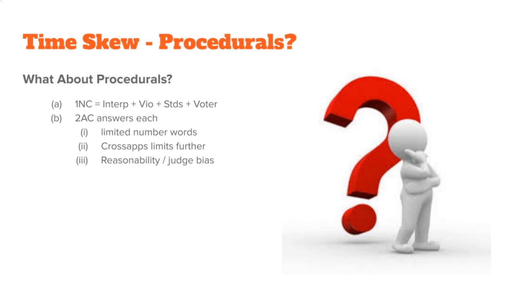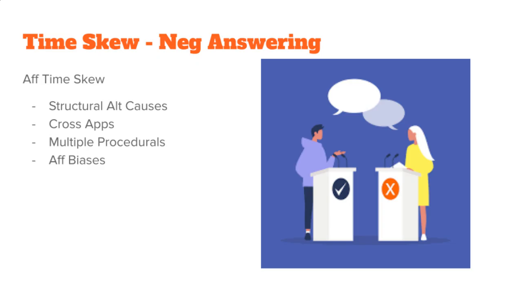You also have reasonability and judge bias on yes-no questions on violations and other reasonable biases that creep in to make topicality an uphill battle. And so all of those make it so that maybe there's not as much time skew with more procedurals on the AF. So if you're answering time skew in your neg, generally you want to think about what the AF skews they get are, whether there are a lot of AFs, limits, the topic is large, structural alt causes with time skew, 1AC, 1AR norms, 2AR making new arguments, cross applications that are always going to exist, and be strategic.